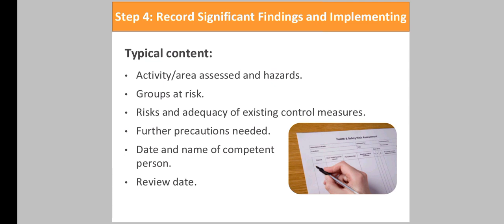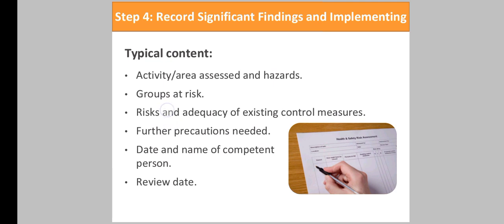The data contains the activity or area assessed and the hazards, and we will record that. We will also record the groups at risk, the people who are at risk, and the adequacy of existing control measures. We will record the risk, the existing control measures and any additional control measures or further precautions needed.